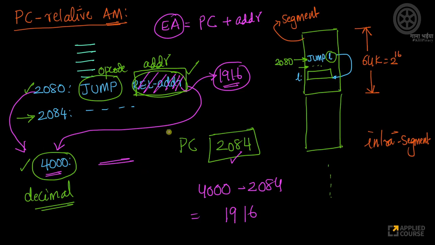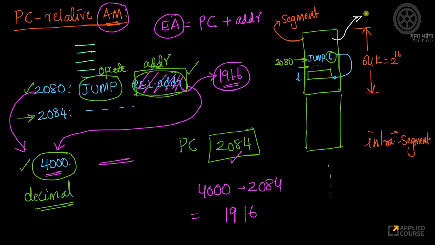Very, very important. PC relative addressing modes are used when you want to jump into the same segment. In the real world, this is a concept that we learn in operating systems. In one segment, I store one logical chunk of code, maybe a few functions that are most used.